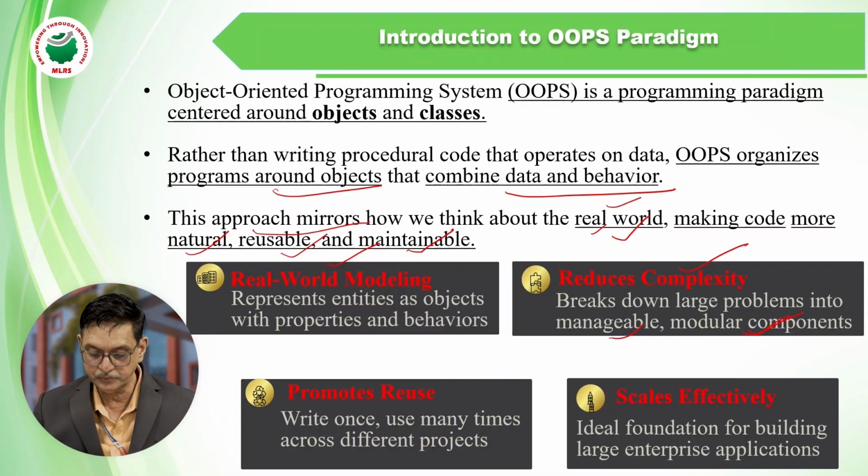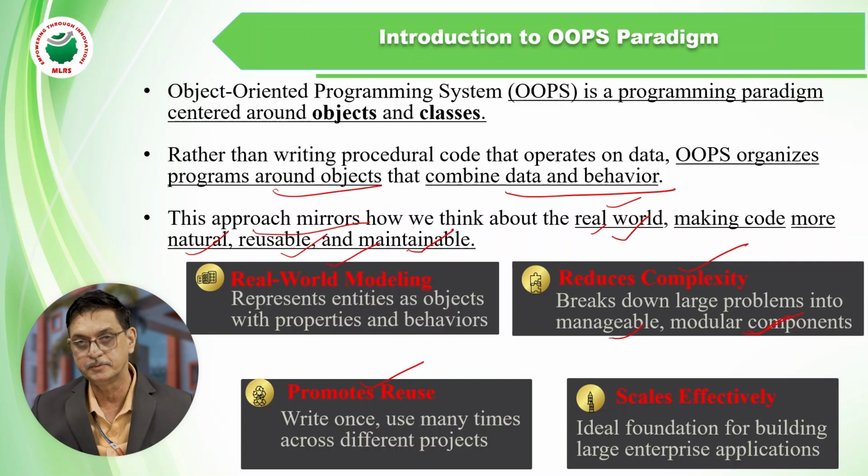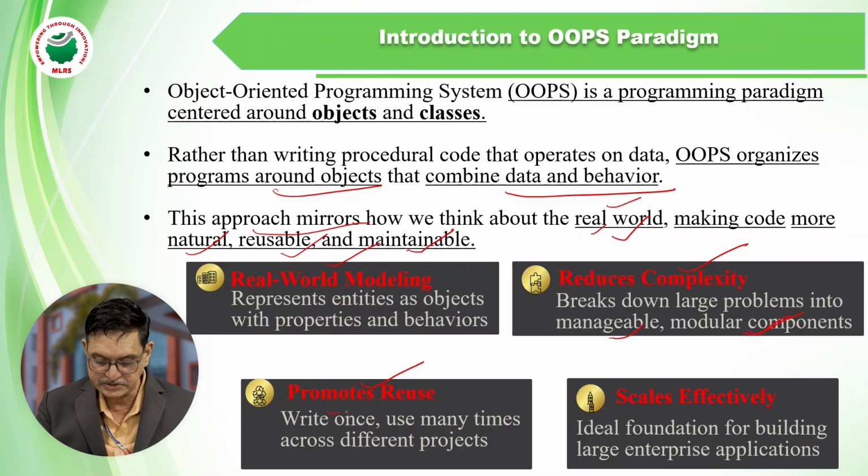Similarly, whenever we identify real world entity objects using OOPs concepts, it promotes reuse of the code. Once we develop code for a small object or entity, it can be written once and used many times across different projects.